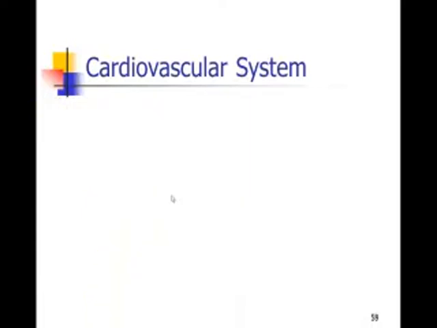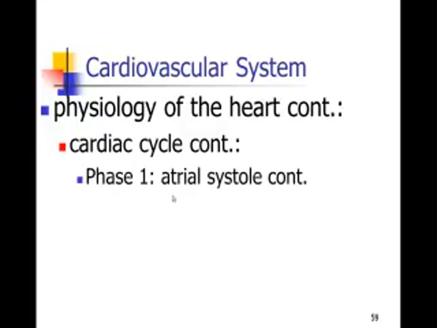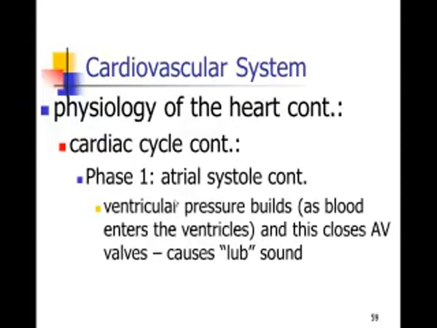That's why they're closed. So the ventricular pressure is going to start to build up, and eventually that pressure is going to be enough to close the AV valves, and that is called the lub of the lub-dub.